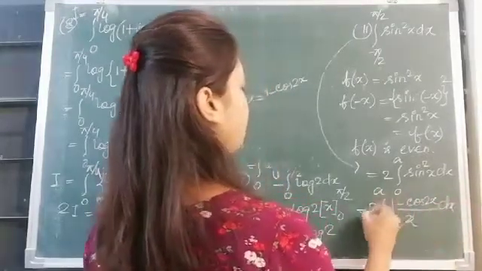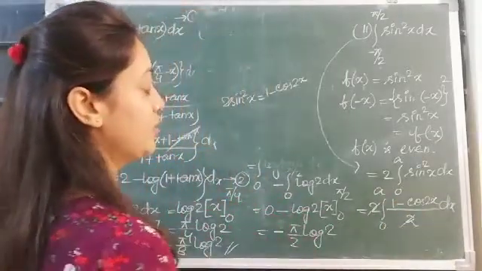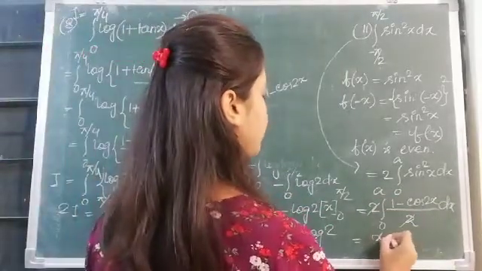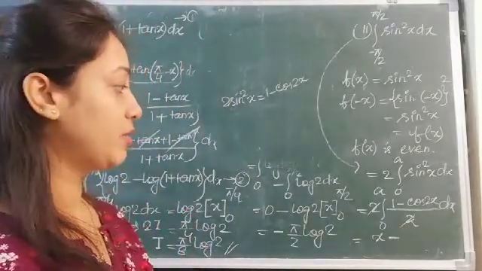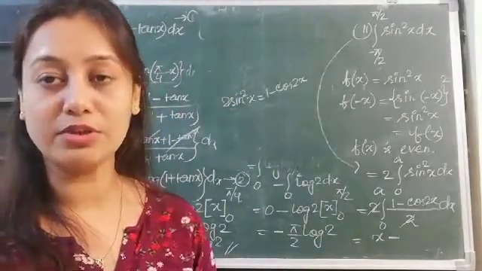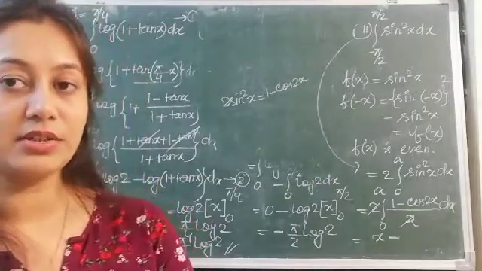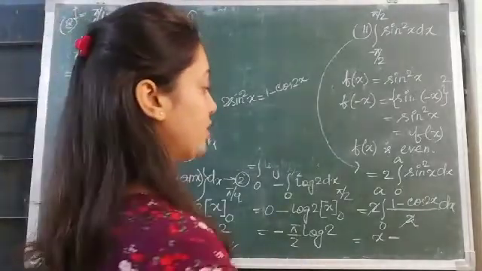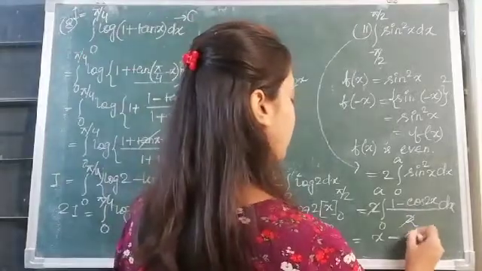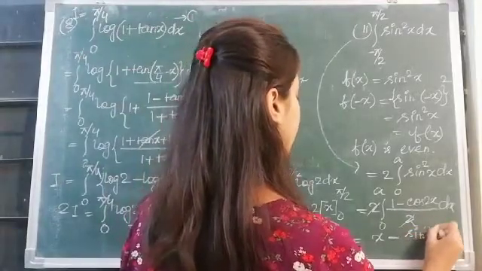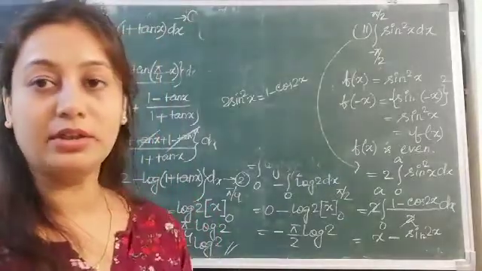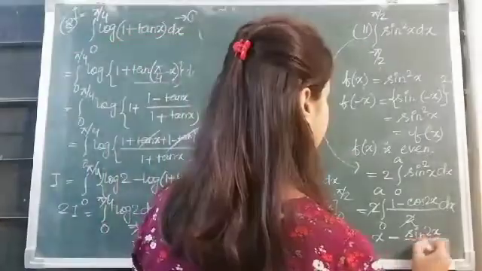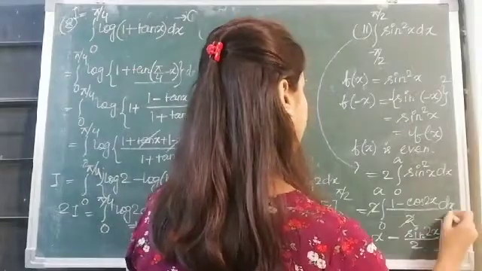So 2 and 2 will get cancelled. You have to integrate only this part. So the integration of 1 is x, minus the integration of cos twice x will be equal to how much? We know the integration of cos x is equal to sin x, because d/dx of sin x is equal to cos x. So the integration of this will be equal to sin x, but here the argument is twice x, right? That means along with x, whichever constant you are getting has to be divided. The limit is from 0 to a.